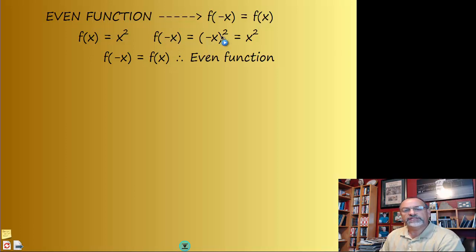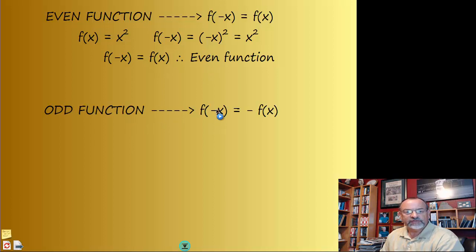If I put in negative x and then simplify it, negative x squared ends up being x squared. So you'll notice I end up with the exact same function, x squared, that I had when I began. It doesn't matter whether I put in x or whether I put in negative x, I still get the same y value, therefore the function is even.